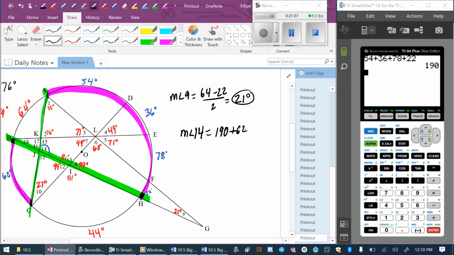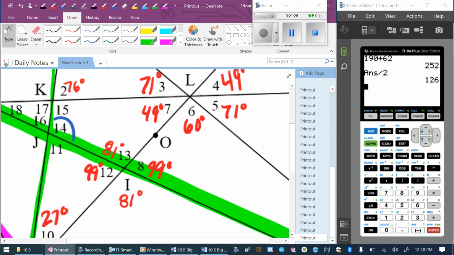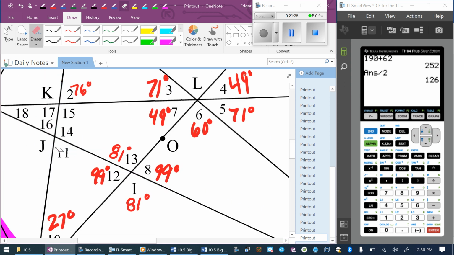And then we're going to divide that by 2. So let's see what we get. 190 plus 62, divide that by 2, we get 126 degrees. So I just found the measure of angle 14, 126 degrees.